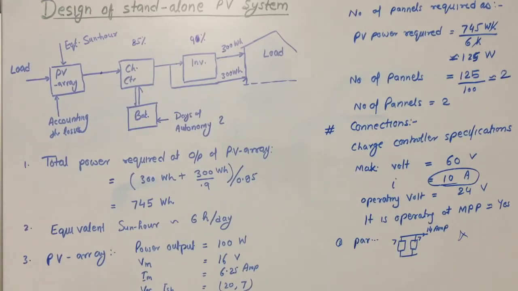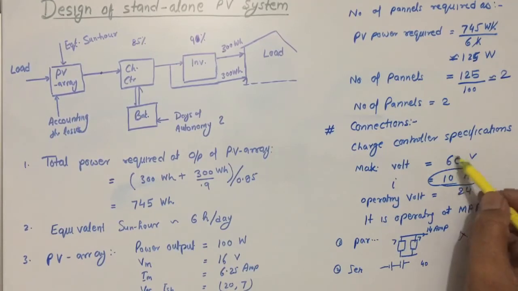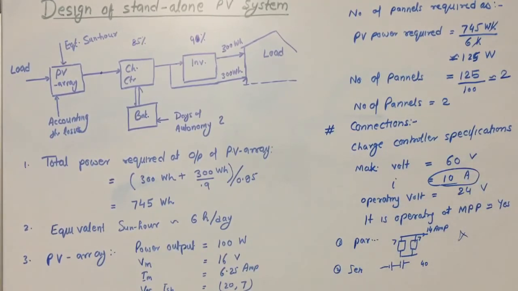For series connection, as there are 2 panels, one panel's voltage is 20, and if you connect these 2 in series, then the output of these 2 will give us 40. For series, the output will be 40, and 40 is within the operational range.